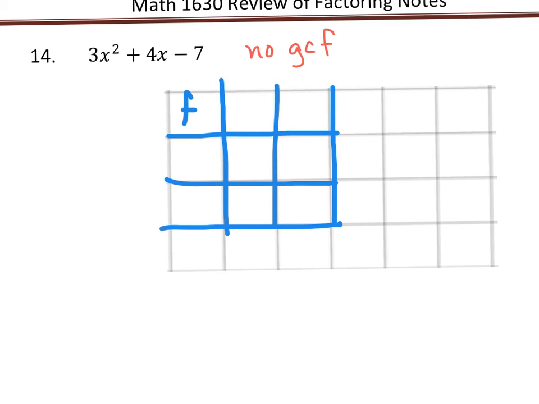And so in our first box, we have 3x squared. In our last box, we have negative 7. The product of 3x squared times negative 7 is negative 21x squared.